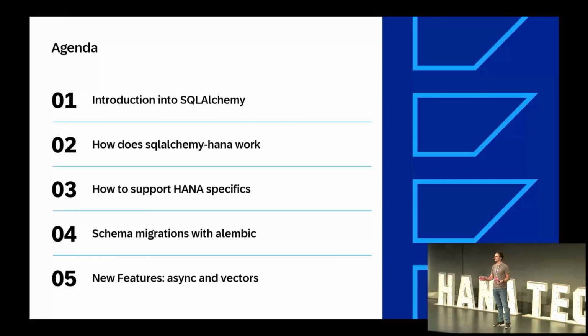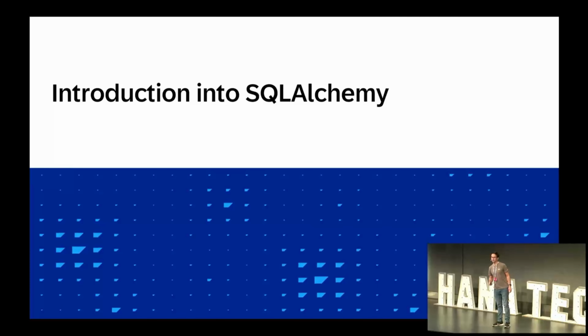Also a short question: does anyone use Alembic? Okay, whoa, one hand. And last but not least, some new features we recently brought to SQL Alchemy-hana, async and vectors. This also crosses the bridge to another session where the vectors of SAP HANA were introduced. So first, the introduction to SQL Alchemy.